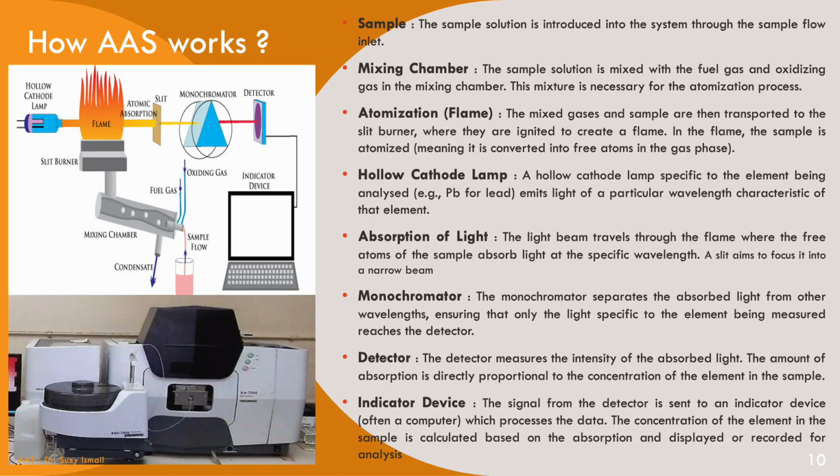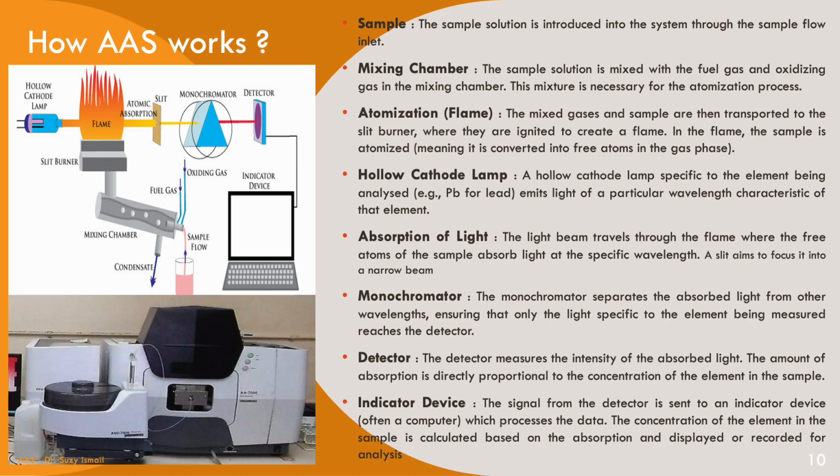Right, so this is a common setup, but most probably you will be having a different setup, a different size, a different look of AAS, but the concept is almost the same. You'll be having a sample in your beaker or in the bottle.